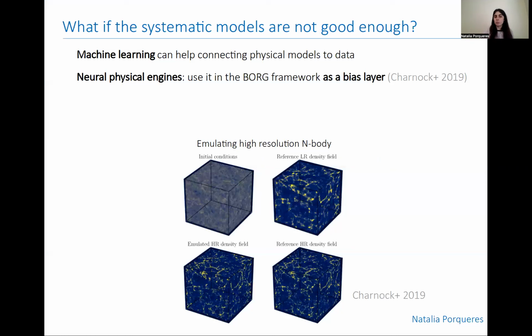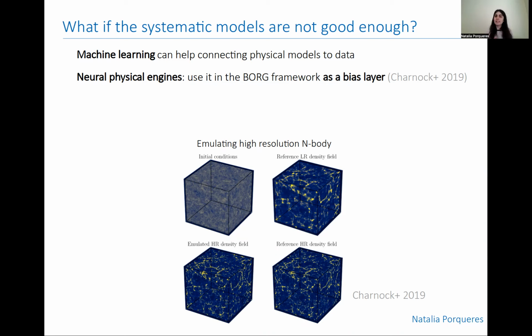In this case, what we would do is use machine learning to help connect the physical models to the data. For that, we would use the approach of Tom Charnock called neural physical engines. That means using a layer of neural network inside the Borg framework.